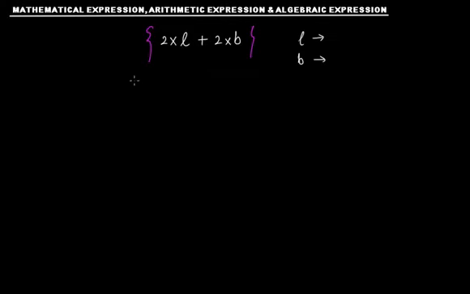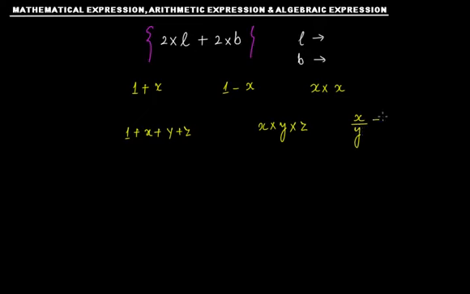Let's say we have 1 plus x, 1 minus x, x times x, 1 plus x plus y plus z, x times y times z, x divided by y minus z, and 1 times x times y minus z.